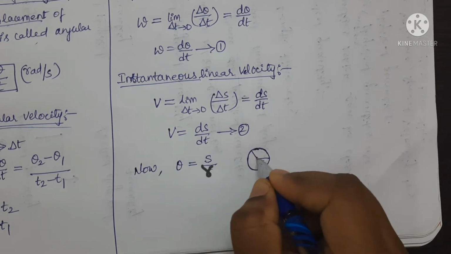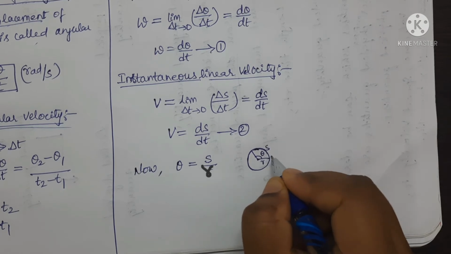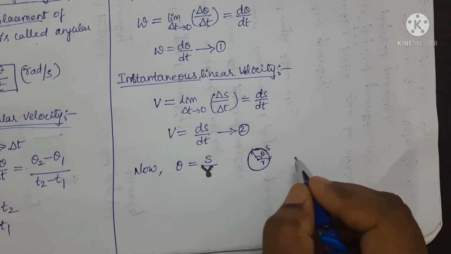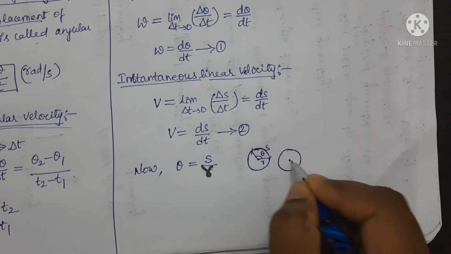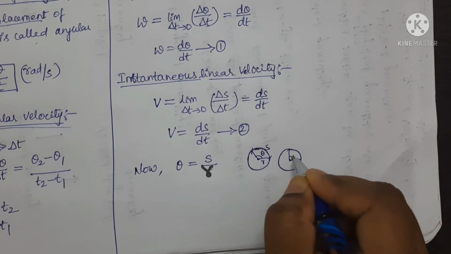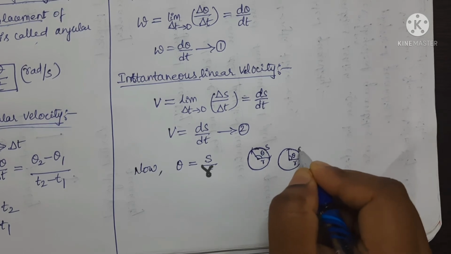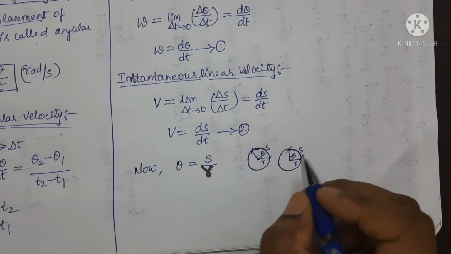The angular displacement for this is theta, and this is the arc length. I am considering another circle of radius r, and the angular displacement is theta here, and this is the arc length from here to here.